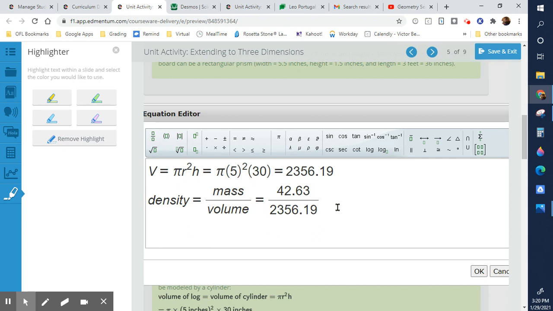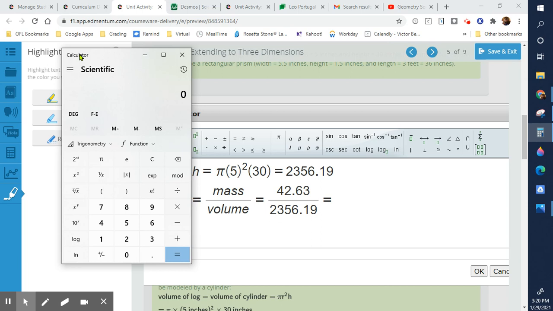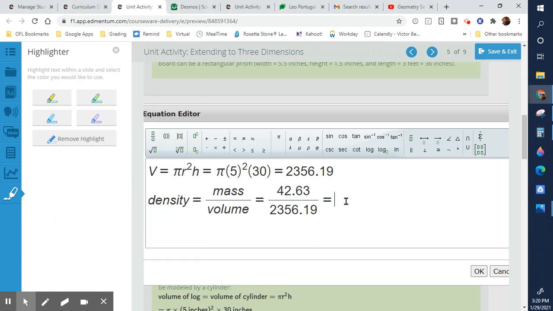All right. So let's figure this out. So we're going to grab our calculator. And when we get our calculator, we're going to do 42.63 divided by 2353.19. And I end up getting 0.018. So I get 0.018.